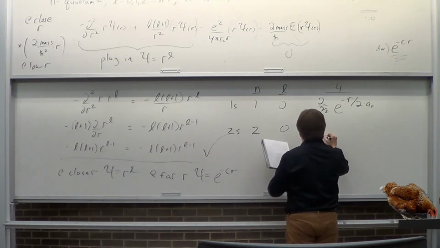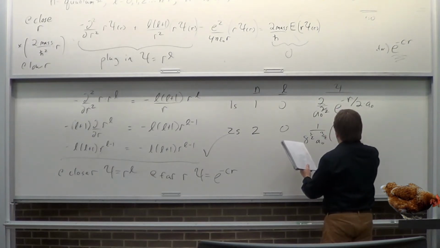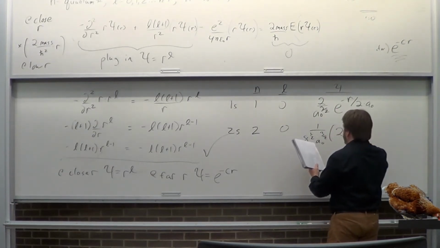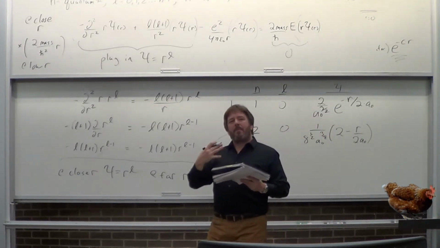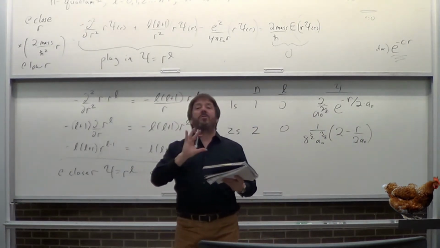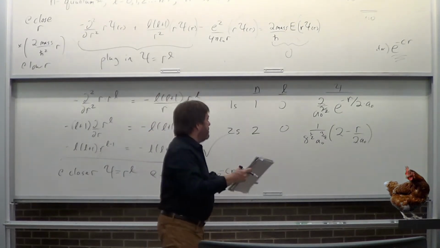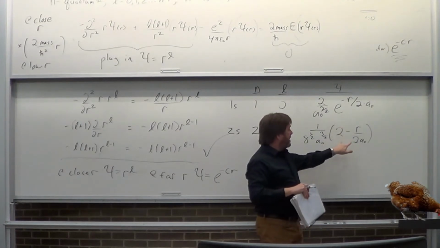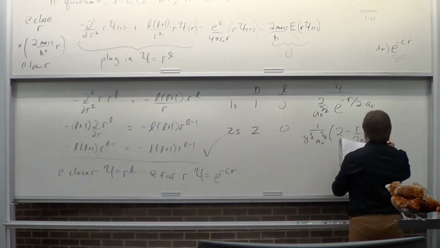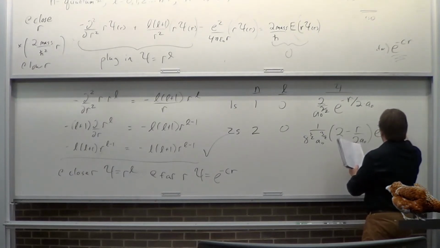Again, a bunch of constants that I don't really care about. But what you may notice here, if your math is savvy enough, you don't have to be that savvy, is that when I write polynomials, I'm introducing nodes. If I don't have anything, this is just an exponential decay, there's no room for a node. But as soon as I start putting polynomials in front of the exponential decay, notice that the exponential decay changes a little bit.